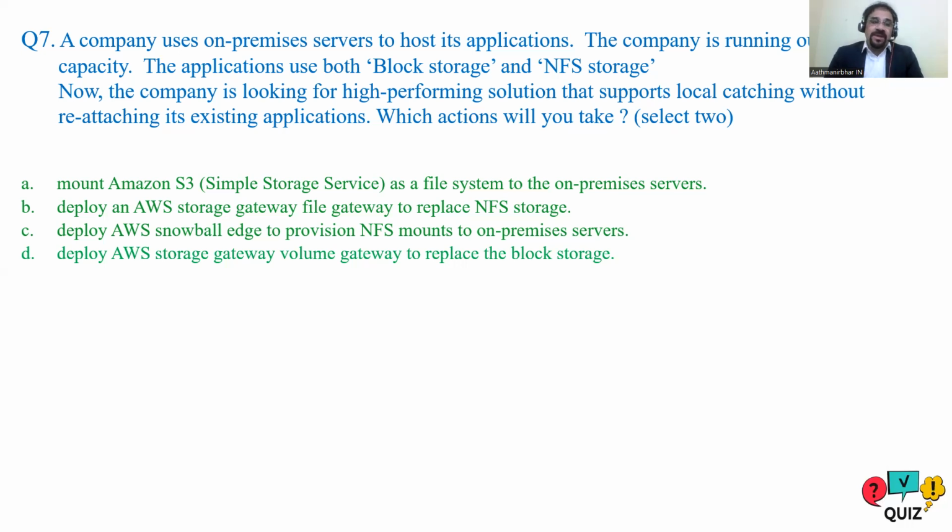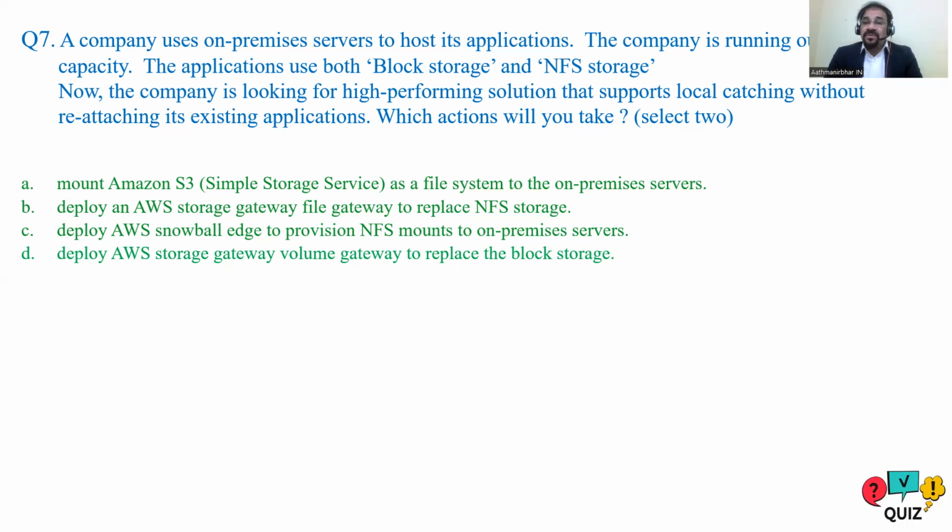Next comes option B, deploy an AWS Storage Gateway file gateway to replace NFS storage. Let us try to understand what a Storage Gateway is. Storage Gateway is an AWS service that connects our on-premises software applications with cloud-based storage to provide seamless and secure integration between the on-premises IT environment and the cloud storage infrastructure.